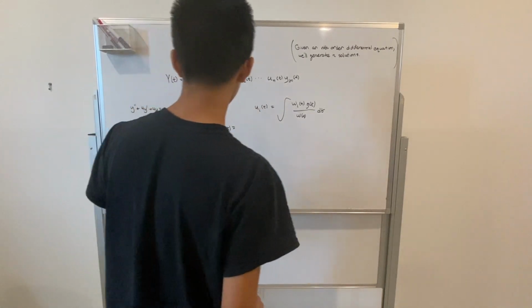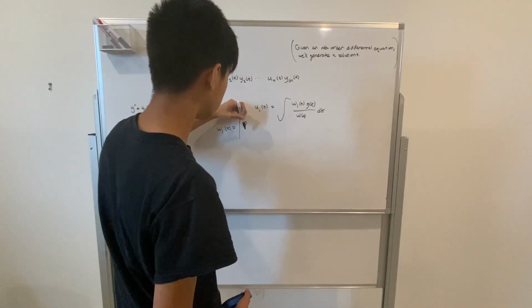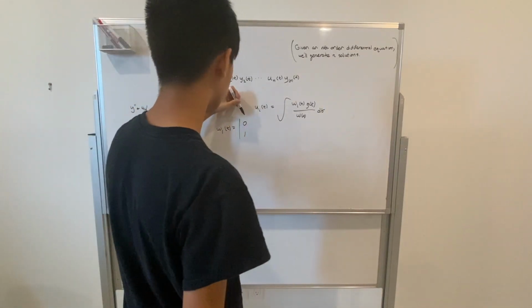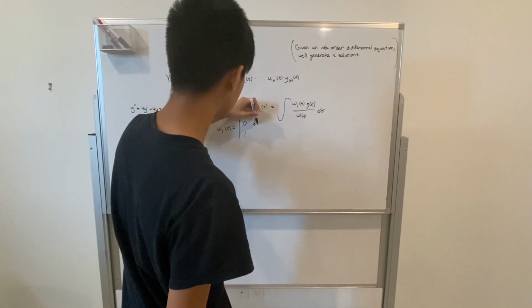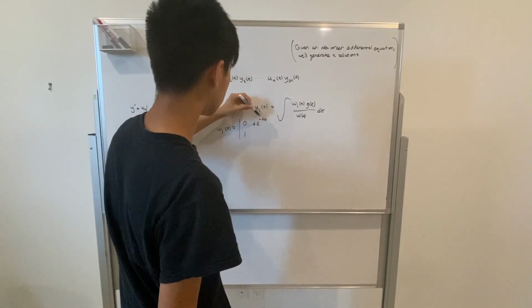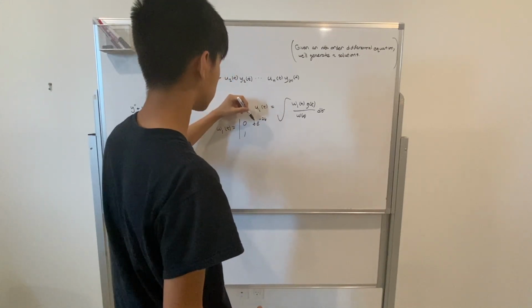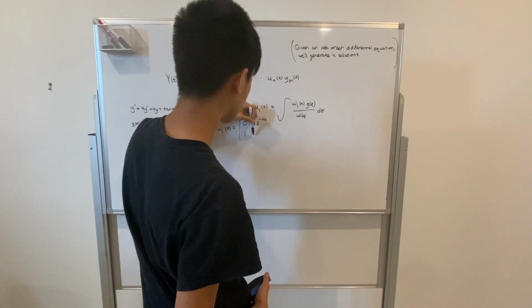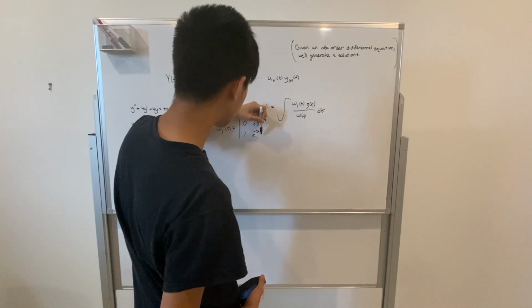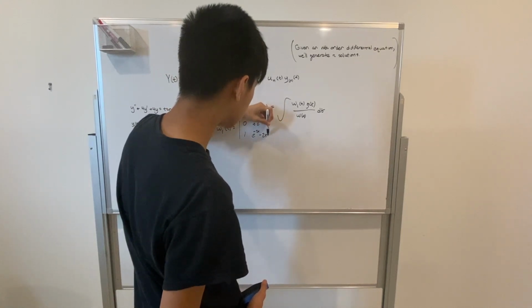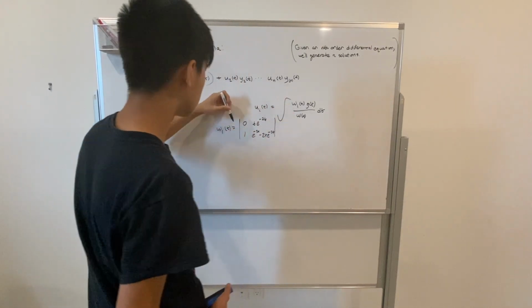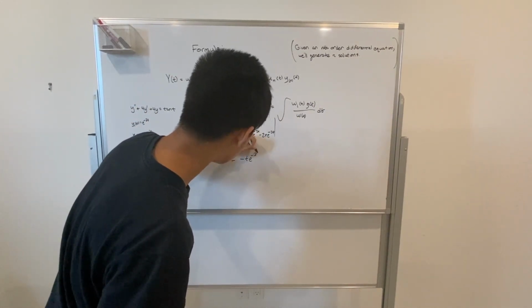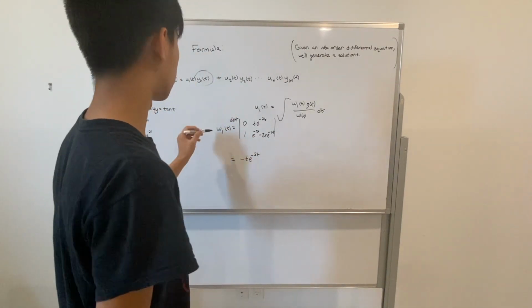You would put 0, 1 in place of the first column, and then put what you would normally put in the second column. So we have t e to the negative 2t as our first row, second column entry, and then we put its derivative right below it. That's e to the negative 2t minus 2t e to the negative 2t. Then we take its determinant, which is negative t e to the negative 2t. So that would be our first Wronskian.